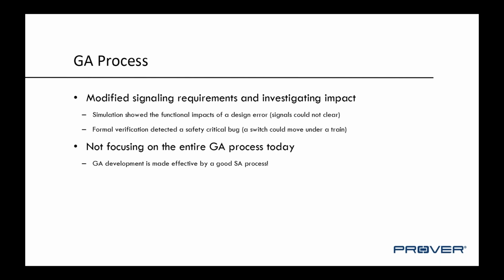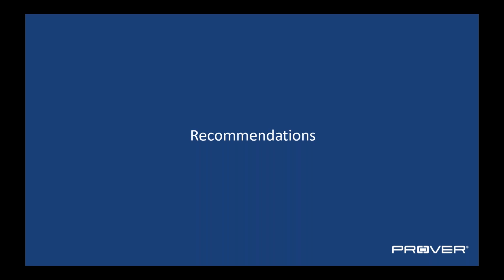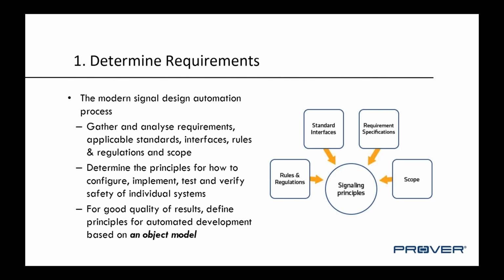And while we're not focusing on this process to develop generic application today, I'd still like to share some recommendations and thoughts on how to go about developing them. So normally you would start by, of course, determining which requirements you have. And this is not really different if you're using a design automation process or any other process that you normally use.